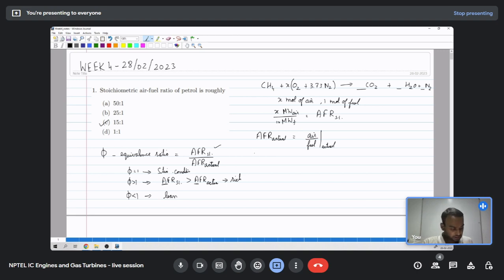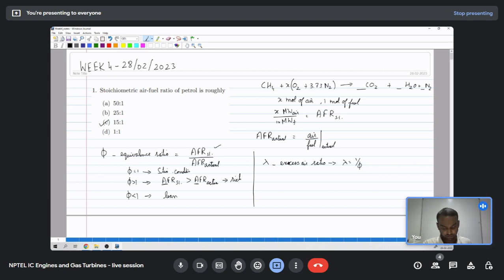Now there is another term called lambda. Does anyone know what lambda is? Lambda is the excess air ratio. This is directly, you can say, lambda is 1 by phi.